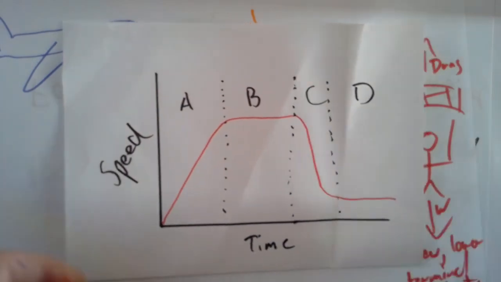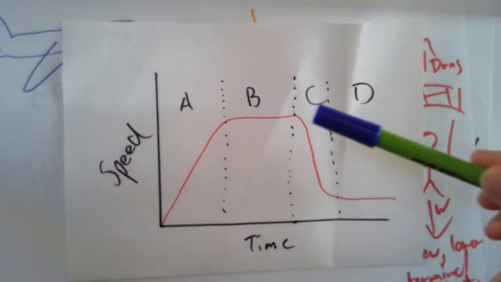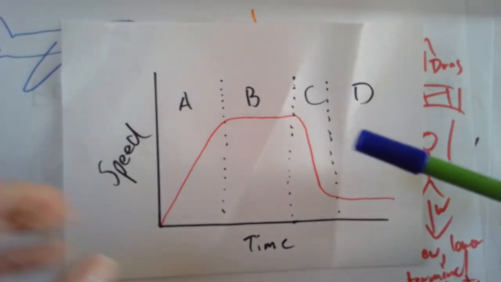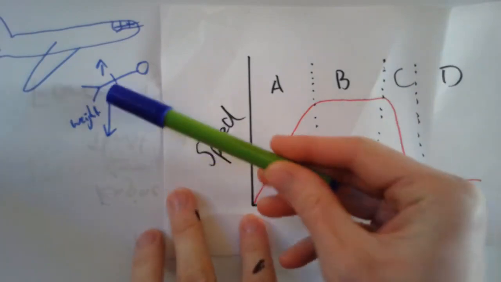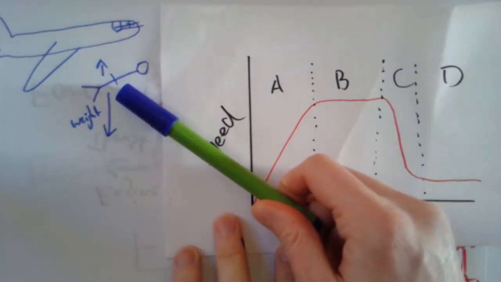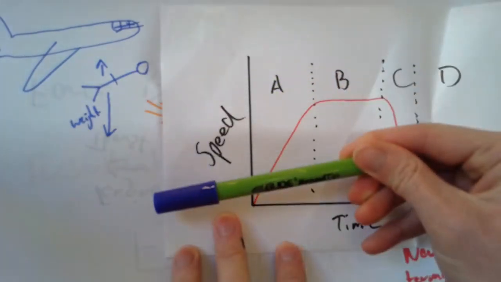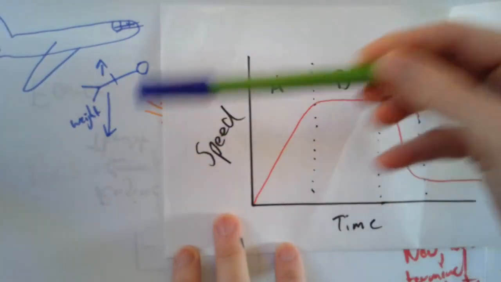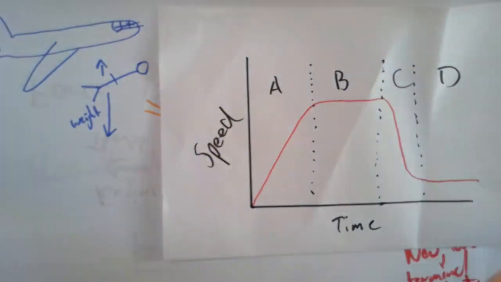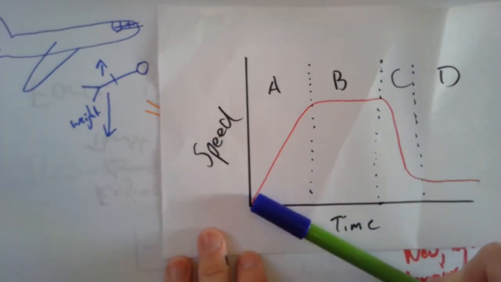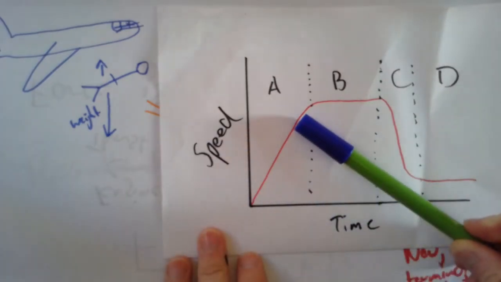And for 4 marks, you just need to explain what's happening in each one of these stages. So in A, this is when we first jump out of our aeroplane. Our weight is big, and that drags me down to Earth. My acceleration increases, my speed increases, and so this line here shows my speed increasing.